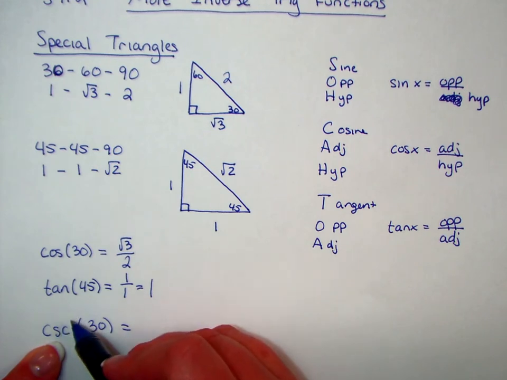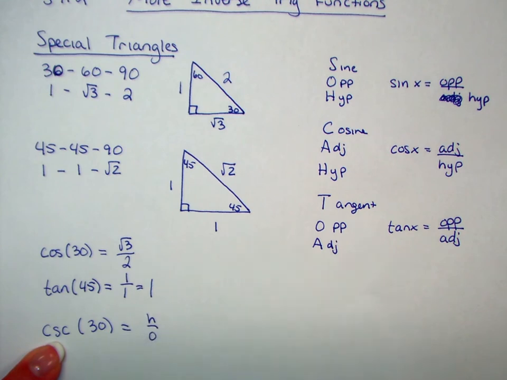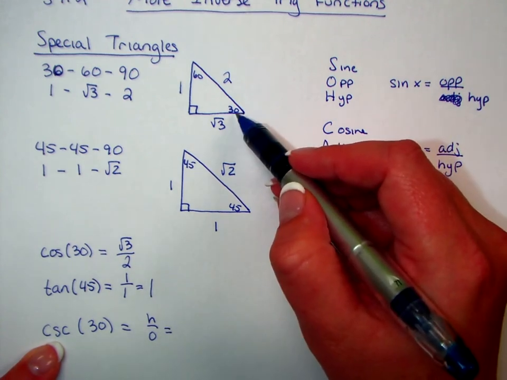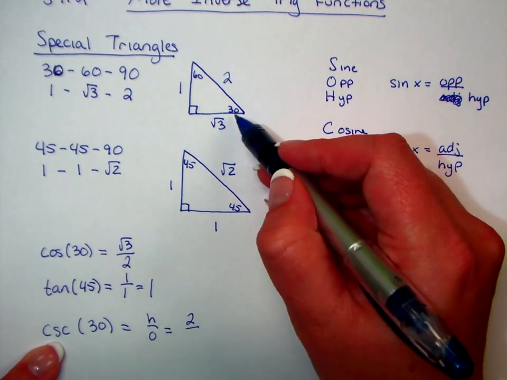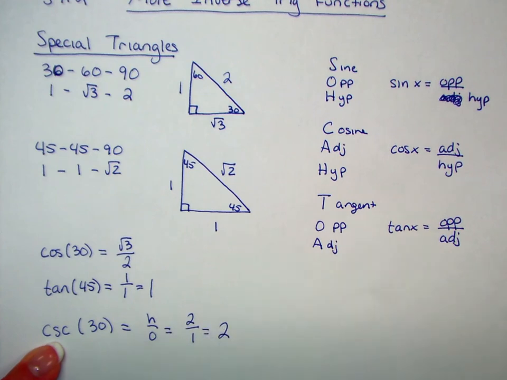So the ratio for cosecant should be the hypotenuse over the opposite, because it's just the reciprocal of opposite over hypotenuse. So I'm going to go to the 30-degree angle. I'm going to find the hypotenuse, which is 2, and put that over the opposite of 30 degrees, which is 1, and so I get a cosecant value of 2. This is really kind of slick, right?